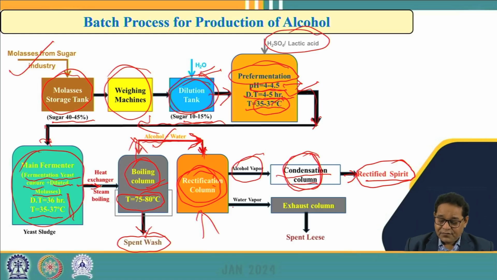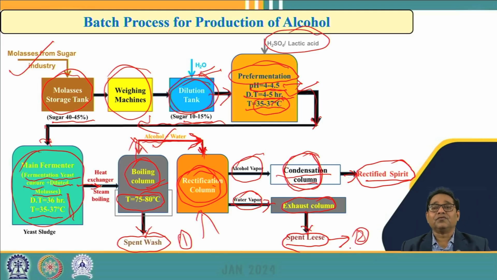And from the bottom, the water vapor is collected and goes to the exhaust column, where the water vapors are condensed and generated as spent lees. So this is another source of wastewater. This is spent wash 1 and this is spent lees 2.